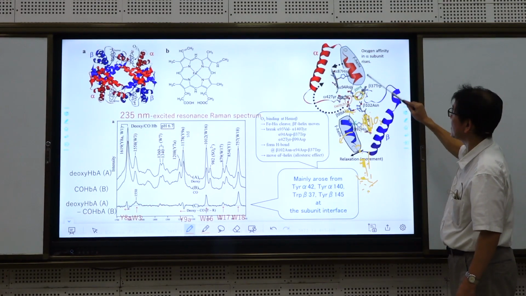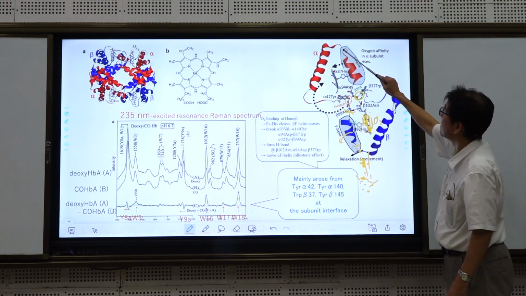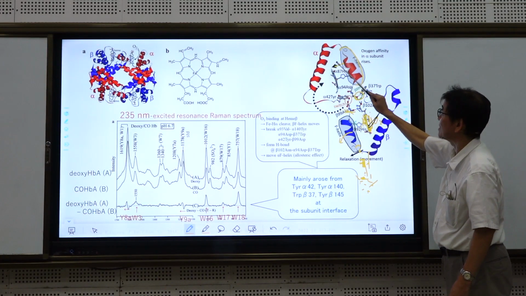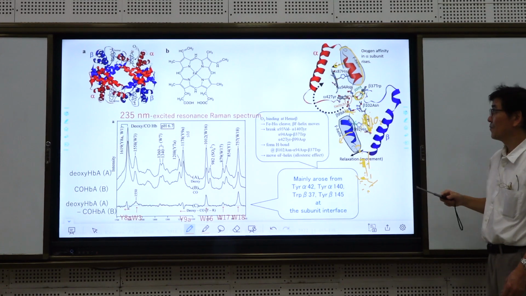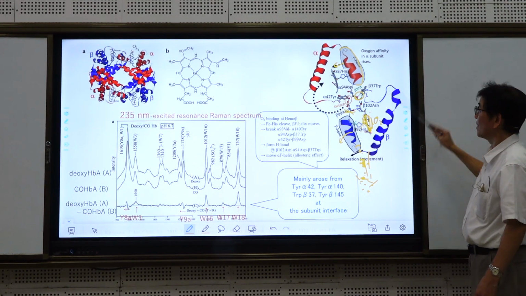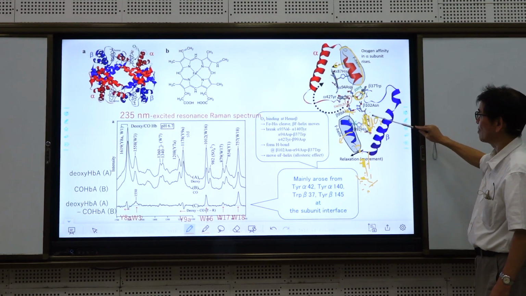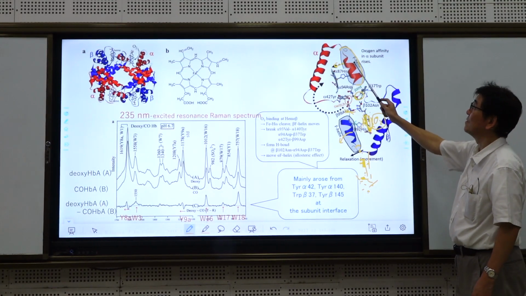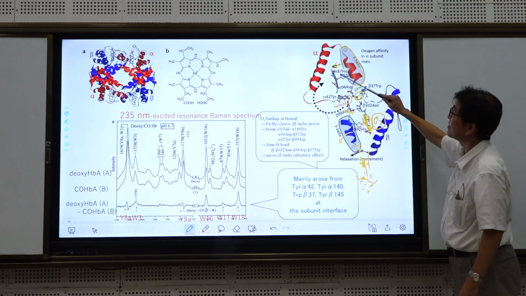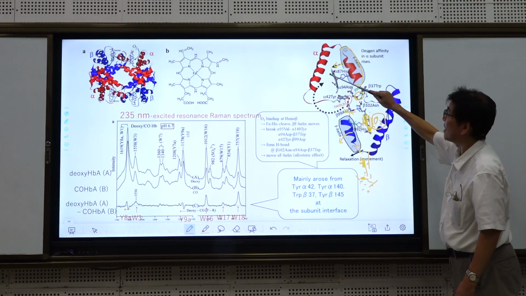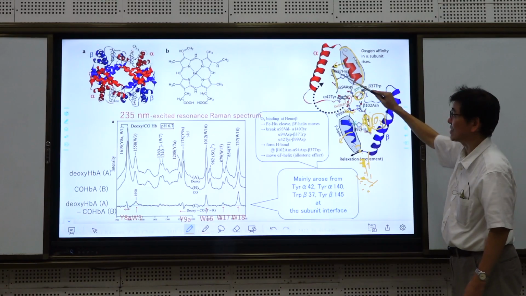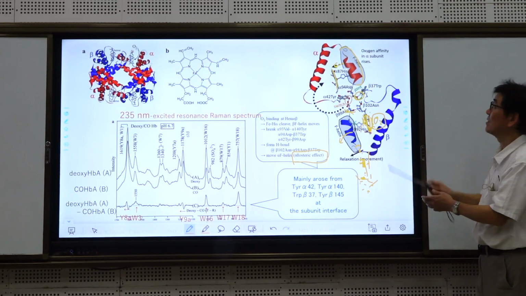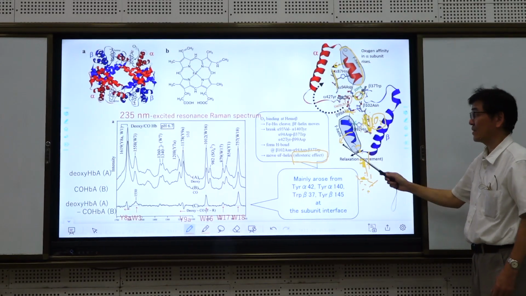Then this drives the helix of alpha subunit in this direction. So attachment of O2 onto beta subunit affects the status of heme in the alpha subunit, and it causes the allosteric effect.